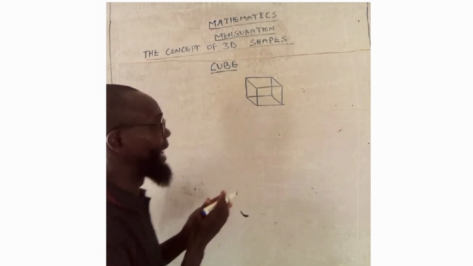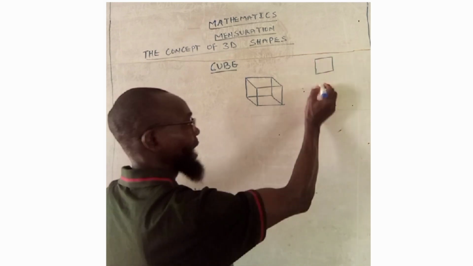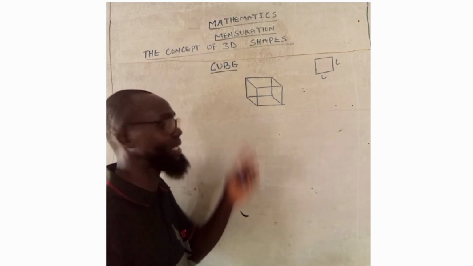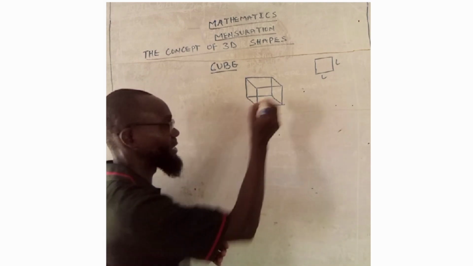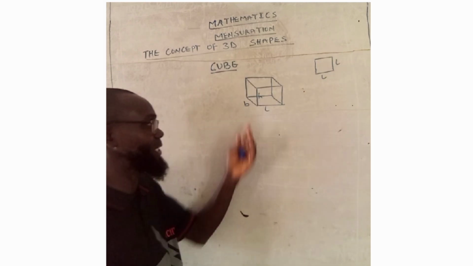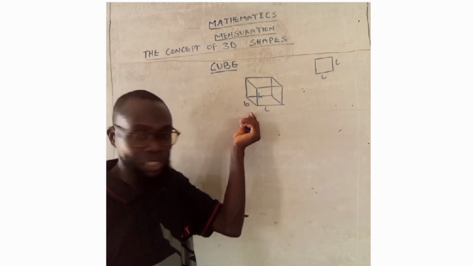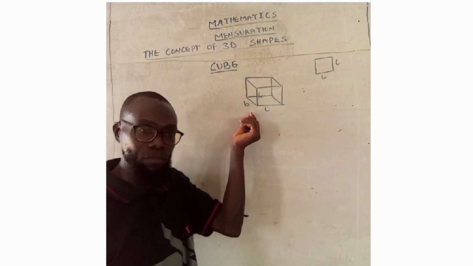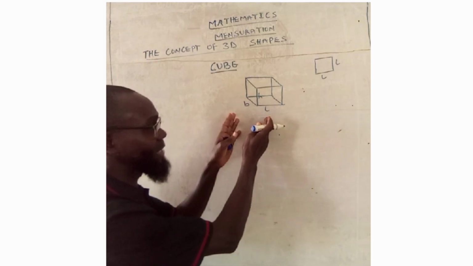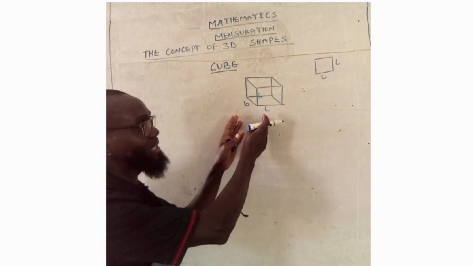We can now see that an ordinary square has length and length without a height. But in this case, we have length, we have the breadth, and we have the height. So this is now the three-dimensional shape, a cube as a good example. Also, a cube has three attributes: the face, the edge, and the vertex.